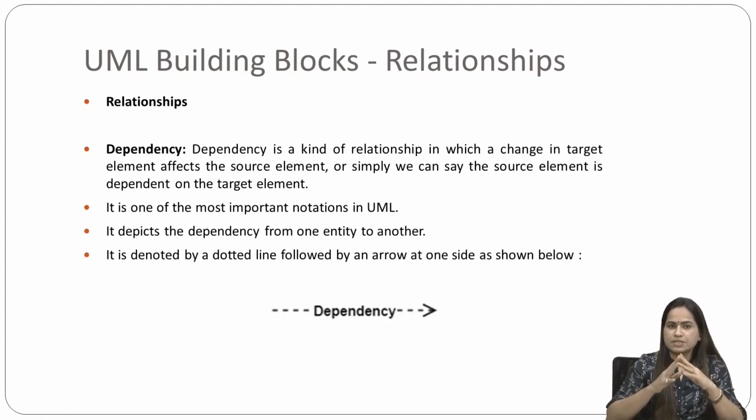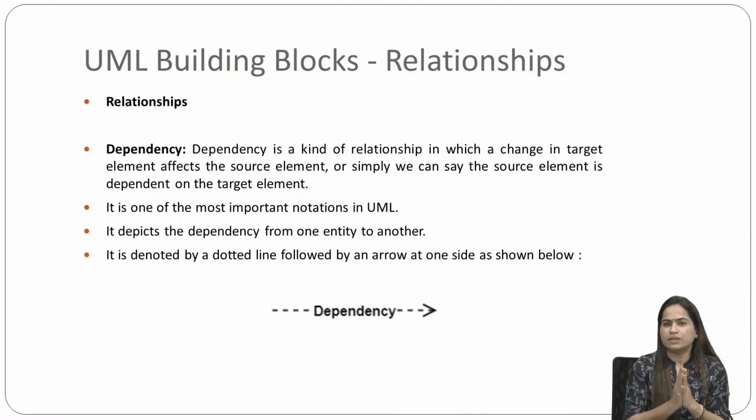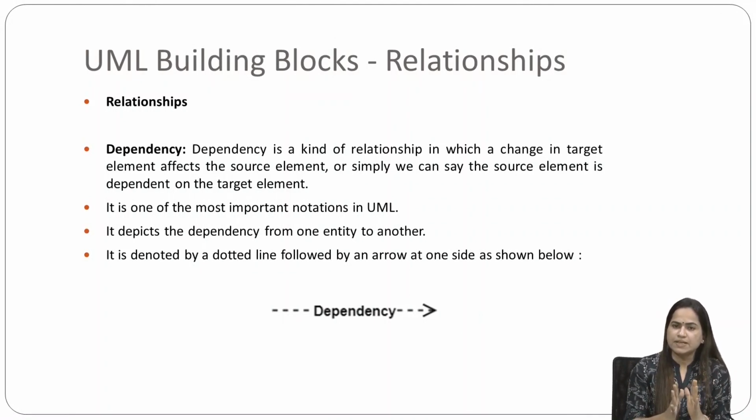Now in relationships, first we have dependency. What is dependency? As the name suggests, something is dependent on another. We can say the source element is dependent on the target element.